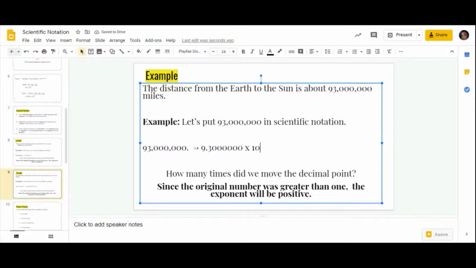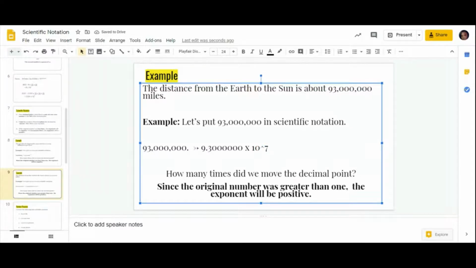The next question is, just what is my exponent going to be? Again, that's simple. We're just going to count the number of times that we moved our decimal point. 1, 2, 3, 4, 5, 6, 7. So the exponent for this problem would be 7.